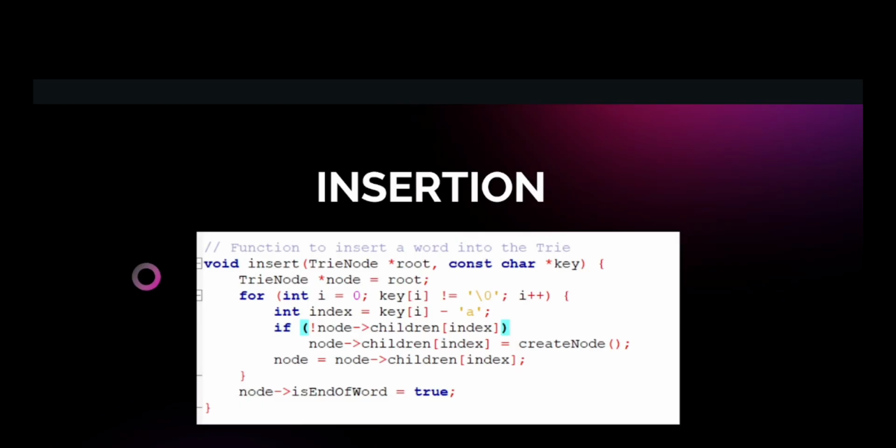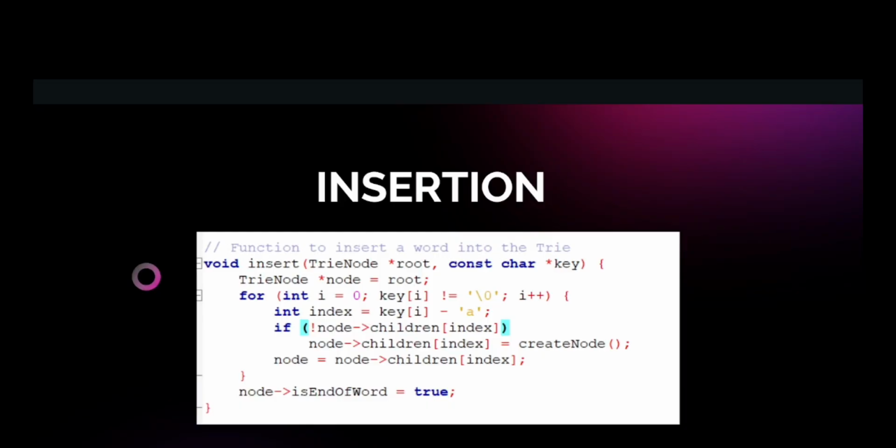Now after that, we have to convert the character to a trie index. So here, index equals key minus 'a', as you can see here. This converts the letter into a numeric index from 0 to 25, since the alphabet size is 26, by subtracting 'a' from the current character.